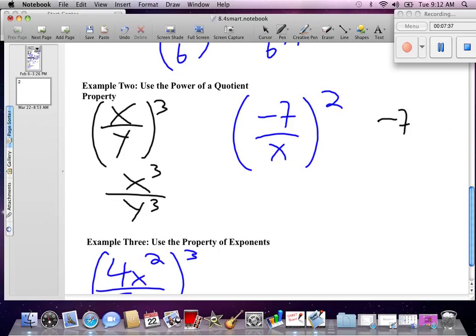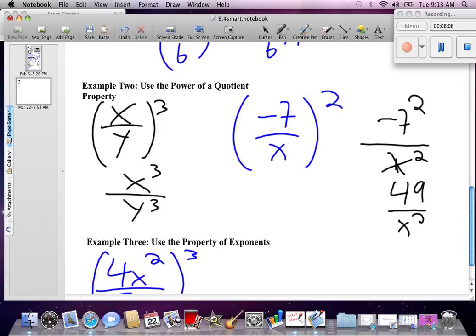To the second power. And then I would have, CJ, what would be on the bottom? X to the second power. What is 7 times 7, CJ? What's 7 times 7? Thank you. And what's a negative times a negative, CJ? Positive. So we've got 49 over x squared.